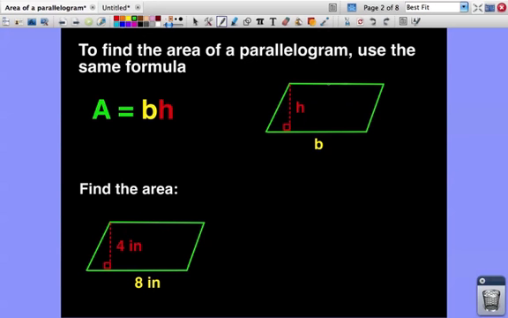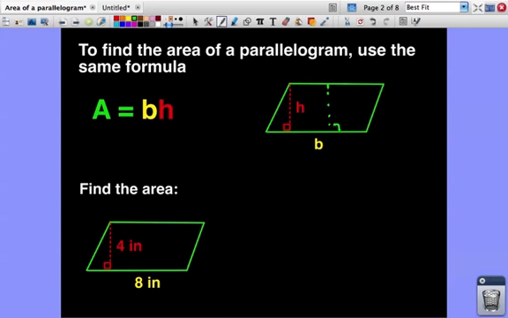It could be coming down right here as well, as long as it's perpendicular. This height is the same as this height. The height is not this slanted edge right here. This is called the slant height, and the slant height is not what we want. This will not work in the formula. We have to use the height that goes straight from the top to the bottom in a perpendicular angle, at a 90-degree angle.